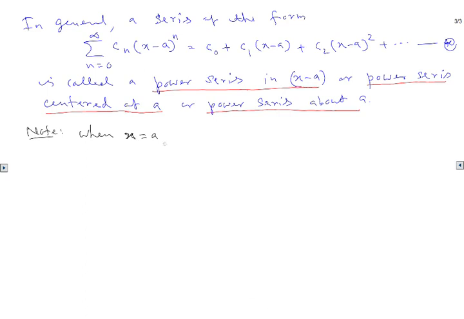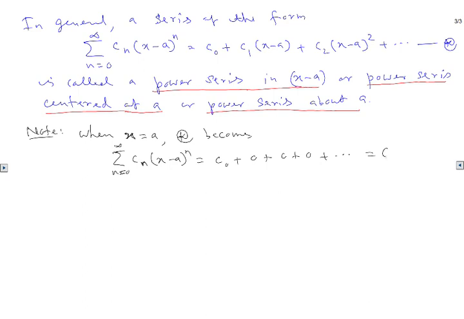So when x equals a, star becomes the sum from n = 0 to infinity of c n times (x minus a) to the n, which equals c naught plus everything else being 0.